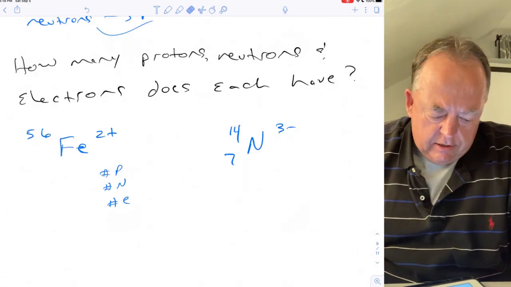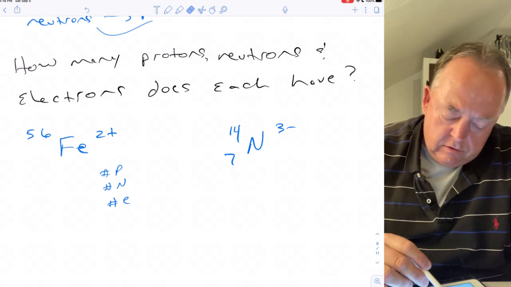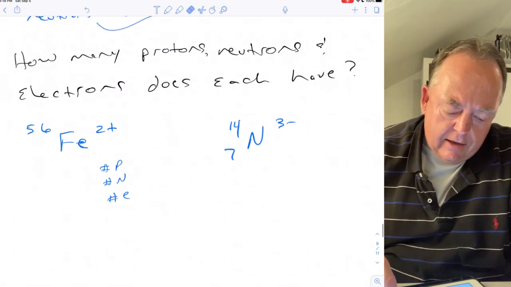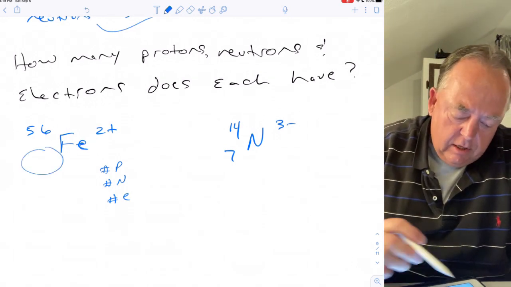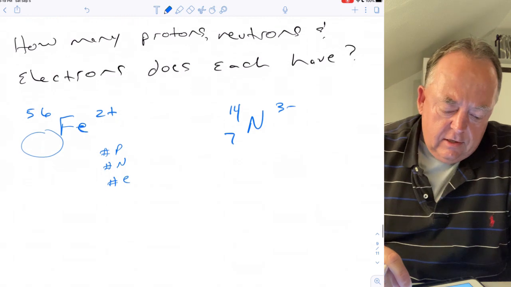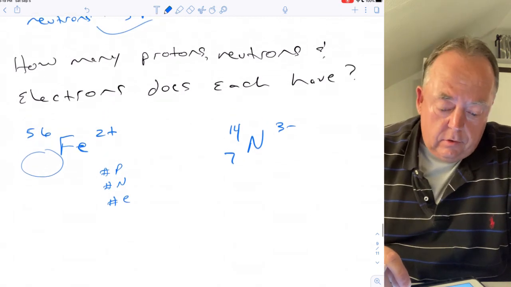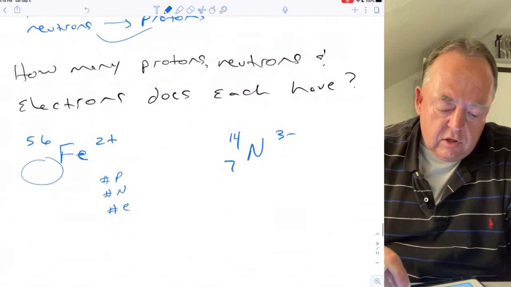Okay, so let's take these two: iron 56 and nitrogen 14, and iron has a 2+ charge. So how many protons, neutrons, and electrons does it have? This is a little bit harder because I did not tell you how many protons it has. So how are you going to figure that out? You have to look on the periodic table, right? I'll email you a periodic table that you can use for this class.